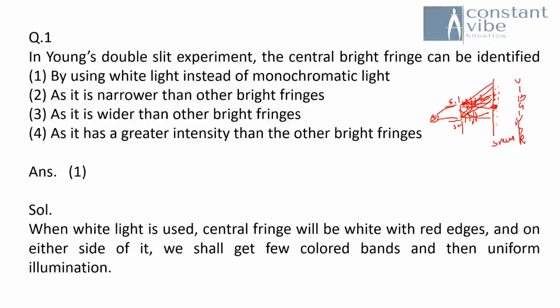So a small variation of red color adjusts, and the bright color will be in the center, and on the other sides there will be some changes. The center fringe will be white with red edges, and on either side of it we shall get a few colored bands and then uniform illumination. So the first one is the answer.